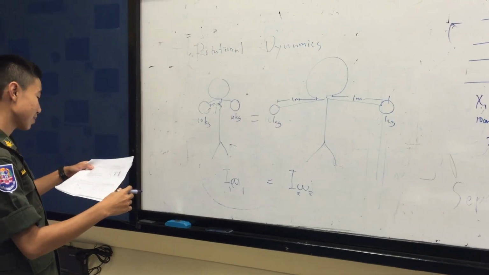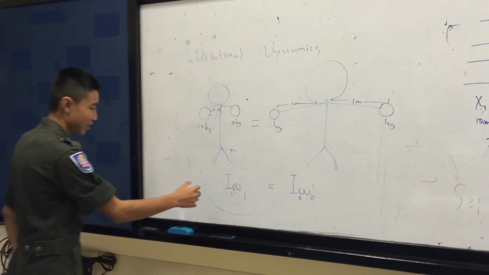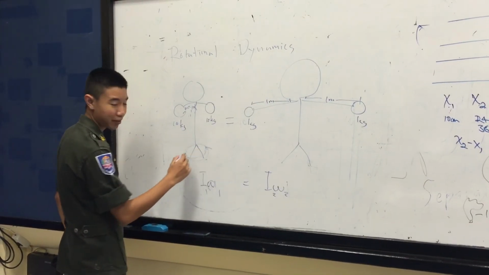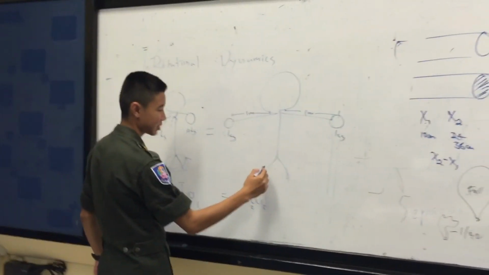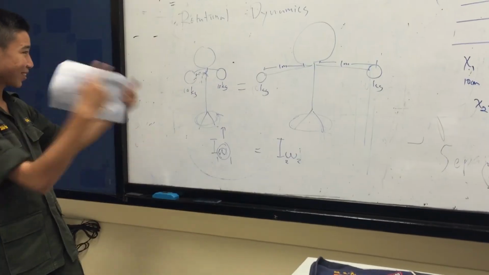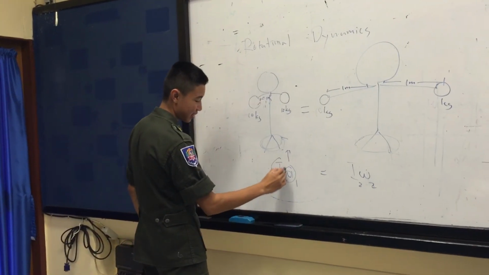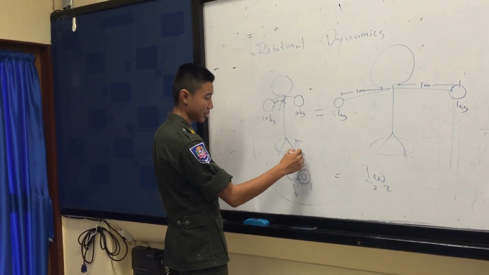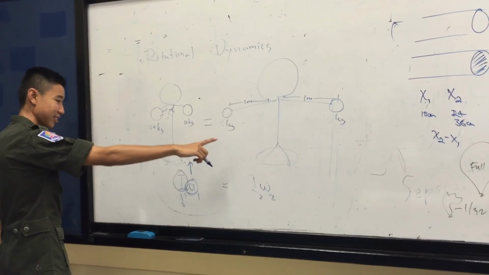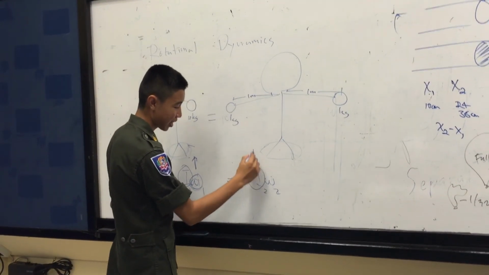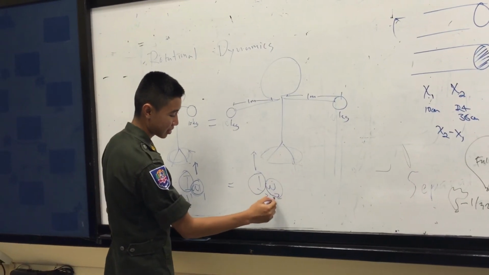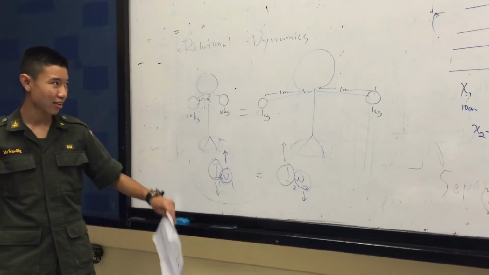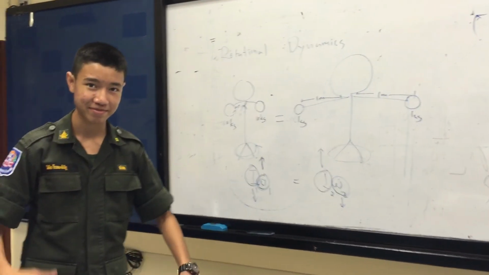If we look at the conservation of angular momentum, the velocity of this person will be faster than the other person. Why is it faster? Because the inertia is less, so the velocity will be higher. And this means that higher inertia gives lower velocity. So this is how conservation of angular momentum works.